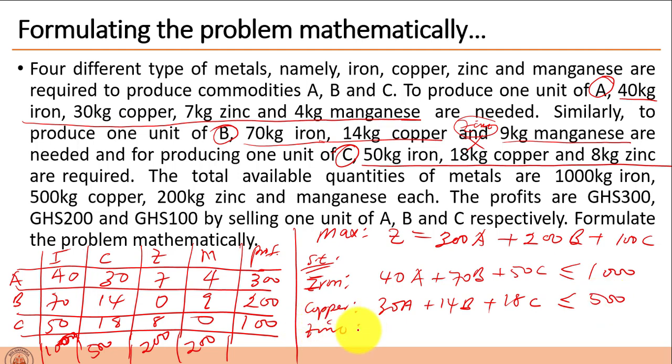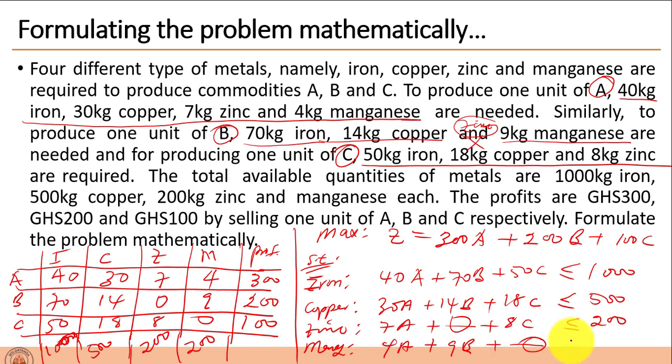Zinc constraint: we have 7 given to A, plus we don't have B, so that is 0, plus 8 given to C, so 80 less than or equal to 200. Similarly, the manganese constraint is 4 given to A plus 9 given to B plus nothing given to C, so that place is 0, less than or equal to 200.